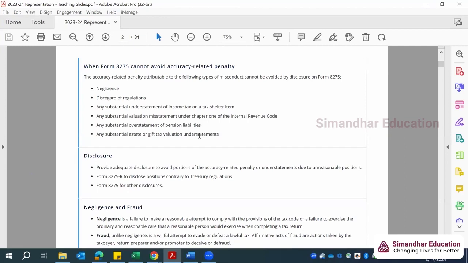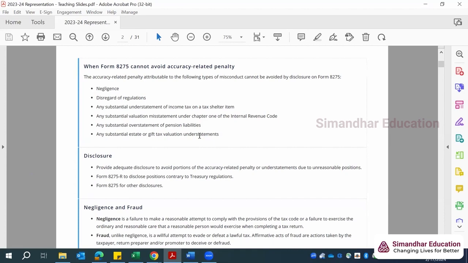There can be an accuracy related penalty. We will discuss accuracy related penalty more. Under accuracy related penalty, we have the negligence penalty and the substantial understatement penalty. So in order to avoid those penalties, sometimes you have to disclose the authorities that we have spoken about.